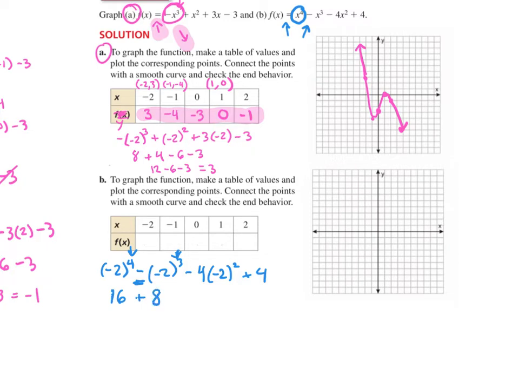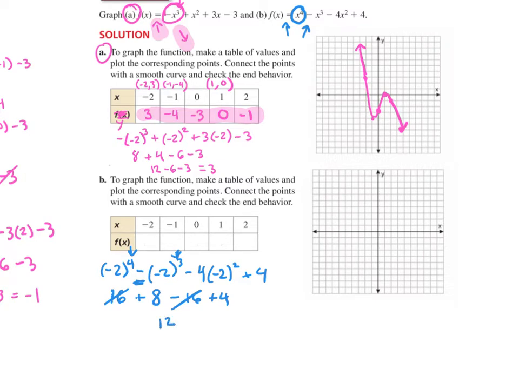-2 squared is +4. +4 times -4 is -16. Plus 4. So +16 and -16 will cancel each other out, so we just have 8 plus 4, which is 12.